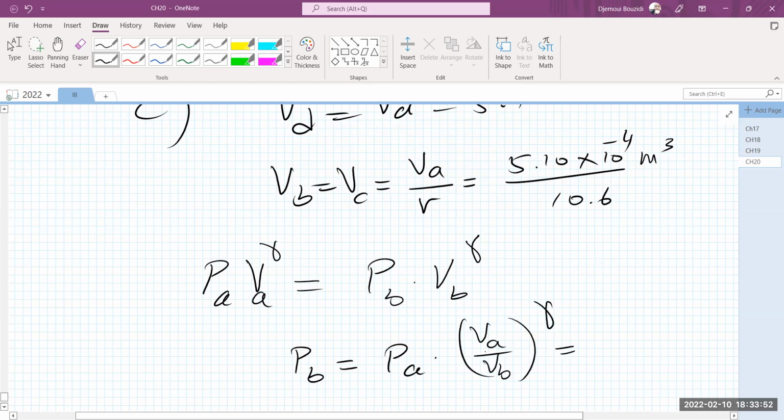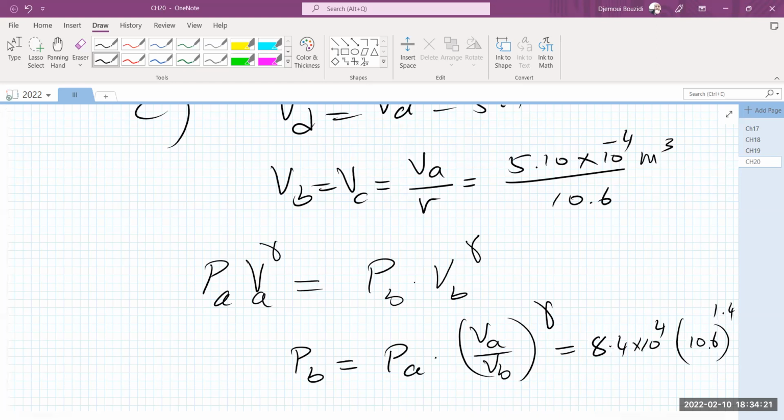Well, we know this ratio is R. And we know this pressure, they give us that value, which is 8.5 times 10 to the power 4 Pascal. So this is 8.5 times 10 to the power 4 Pascal times this ratio. And this ratio, VA over VB, is 10.6 to the power gamma, which is also known, 1.4. So we can find what that PB is using the adiabatic gas law, because that's an adiabatic process going from A to B.